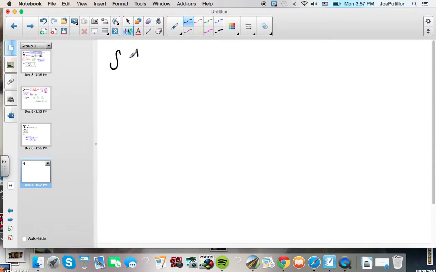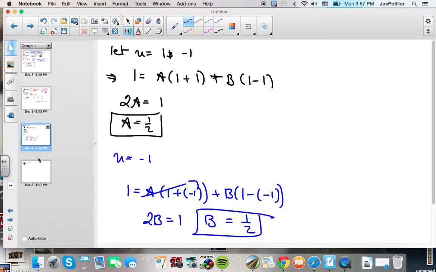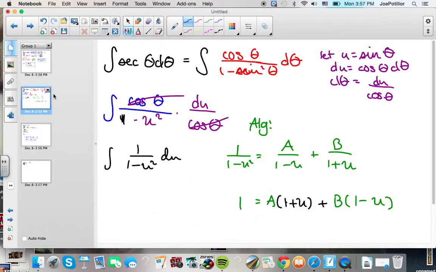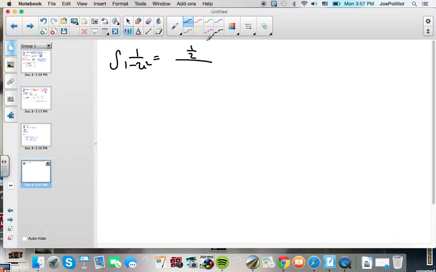We end up with the integral of 1 over 1 minus u squared is equal to the integral of 1/2 times 1 over 1 minus u plus 1/2 times 1 over 1 plus u du.